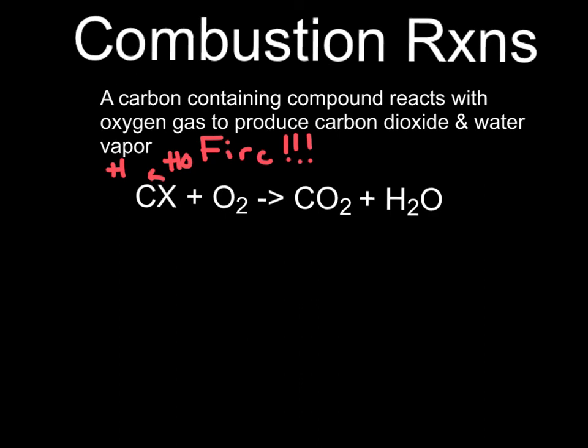So what does a real example look like? Let's take a look. Gas grills are very popular today. Lots of people own them. And you have to buy propane gas in order to work your gas grill. Propane gas is this compound, C3H8. This is propane gas, okay?